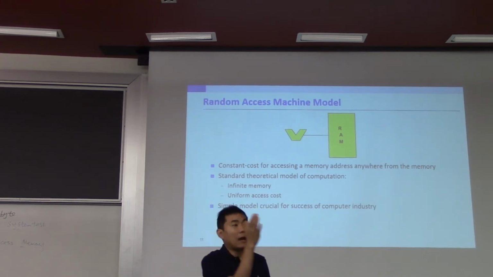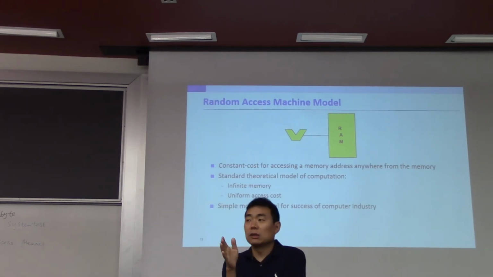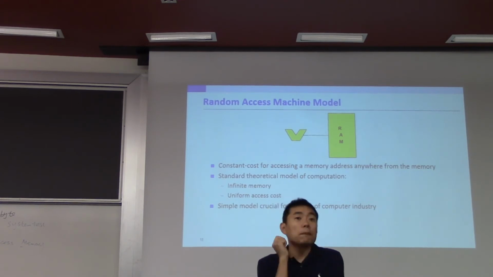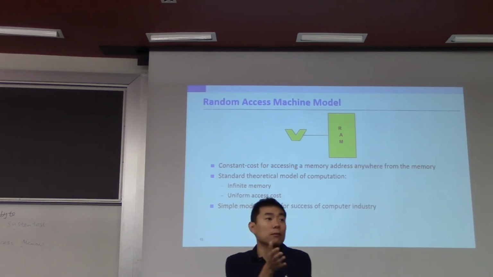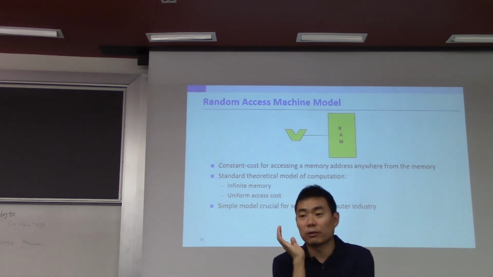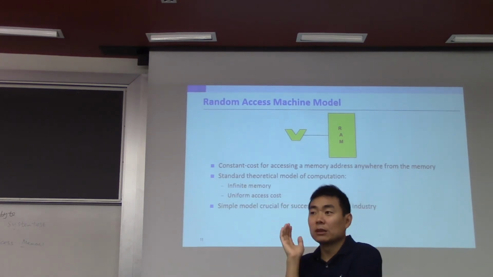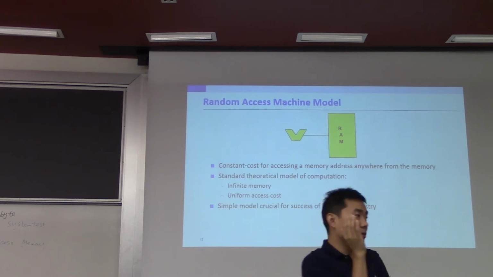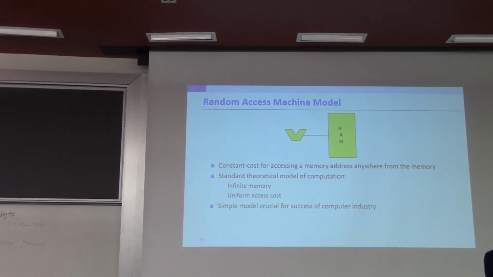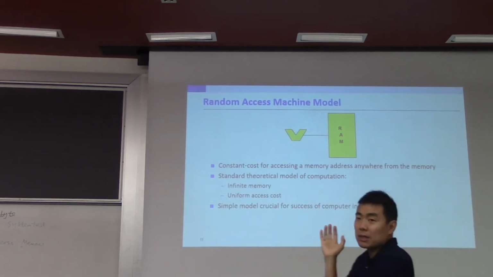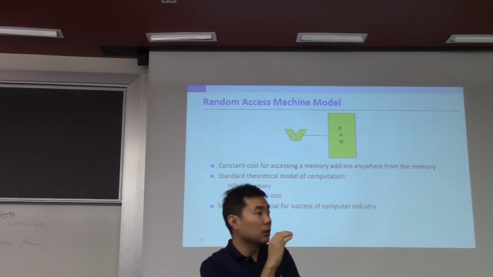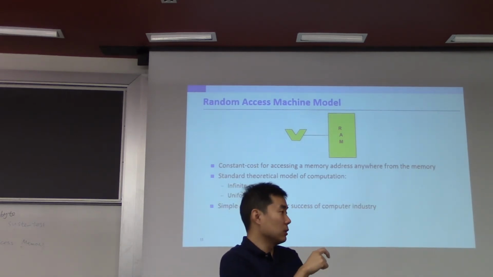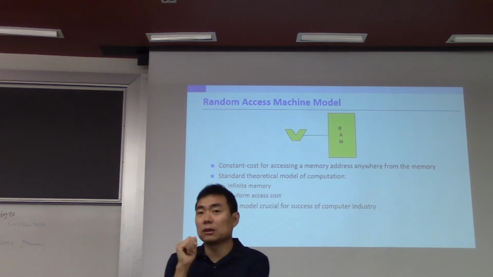So this is really just a theoretical model people use to analyze computer programs. Most of the algorithms or data structures you have learned so far implicitly assume this particular model. For example, you have learned sorting before, right? Quick sort, bubble sort. The instructor who taught sorting methods to you probably didn't mention the RAM model at all, but he or she was using the RAM model when talking about that algorithm.